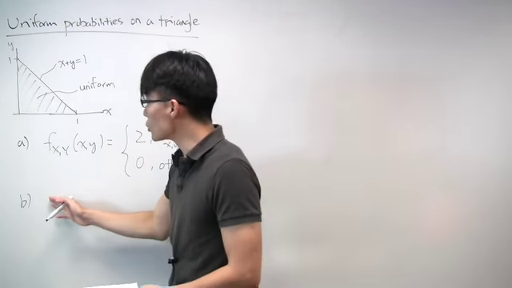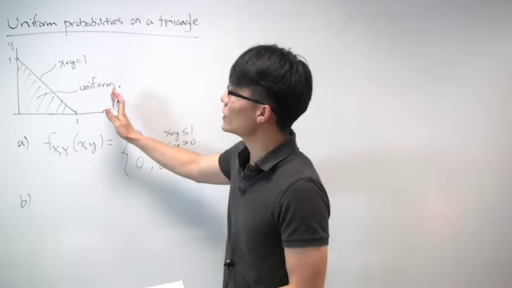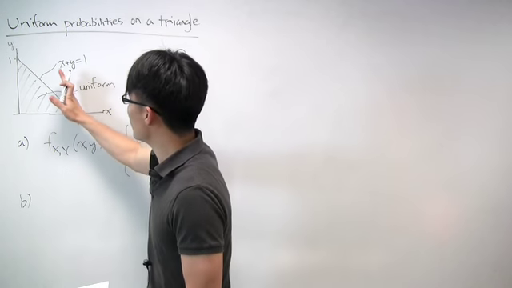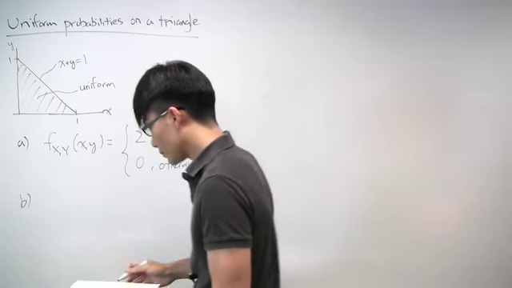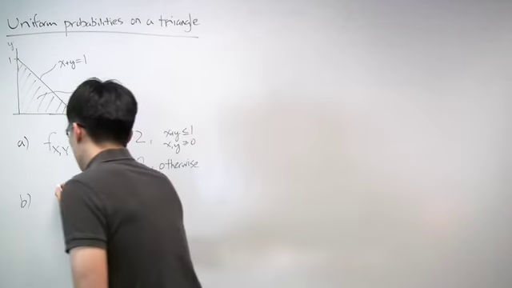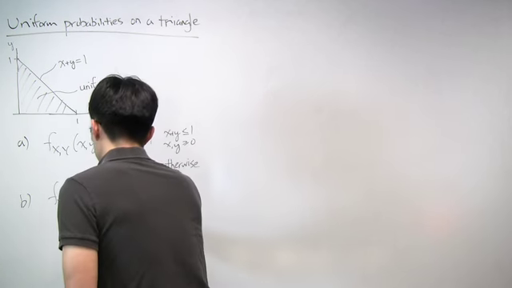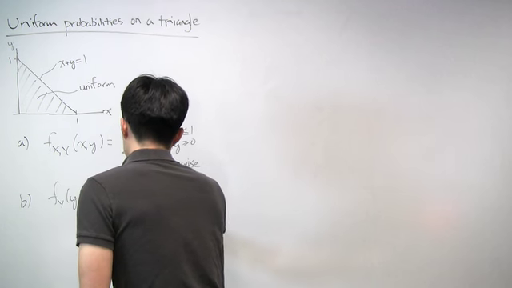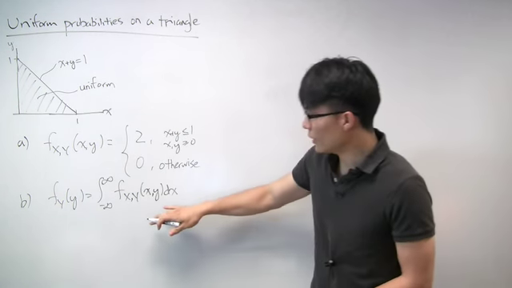To calculate a marginal PDF of y, remember, a marginal really just means collapsing the other random variable down. And so you can just imagine taking this thing and collapsing it down onto the y-axis. And mathematically, that is just saying that we integrate out the other random variable. So the other random variable, in this case, will be x.